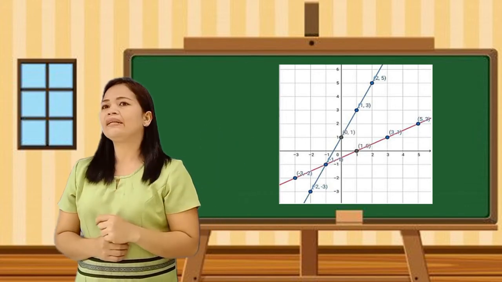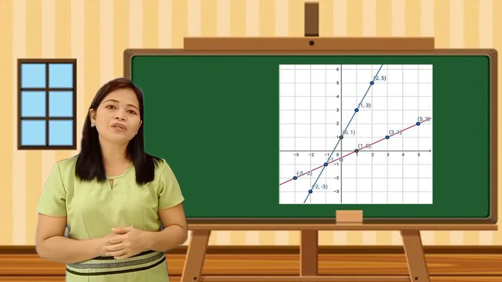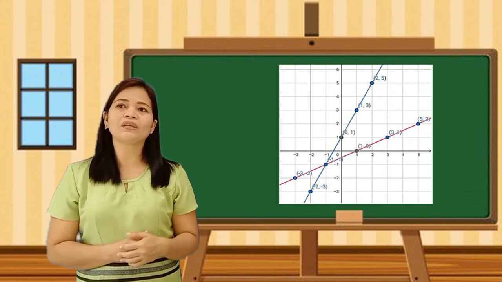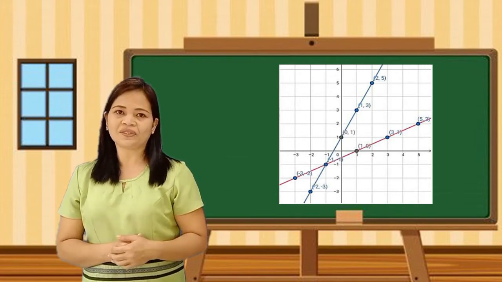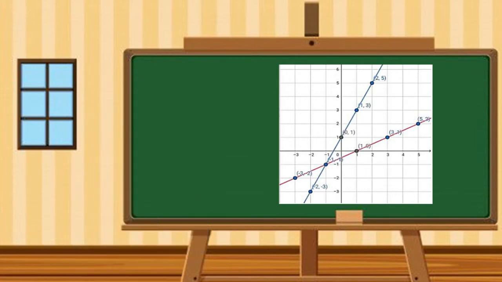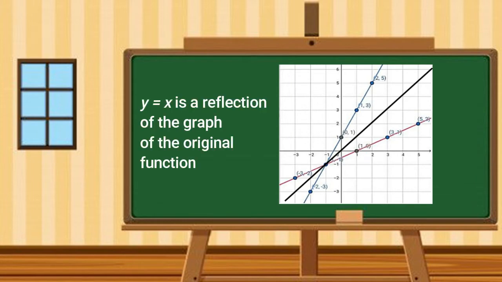The blue line is the graph of the original function f of x equals 2x plus 1, while the red line is the graph of its inverse. Observe that if we draw a line y equals x, as shown by the black line, it can be noted that the graph of the inverse of f of x equals 2x plus 1 is a reflection of the graph of the original function through the line y equals x.